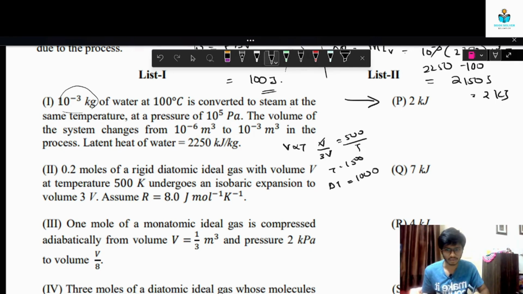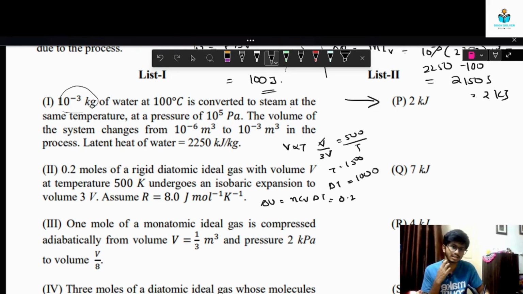And what is the delta U for this then? It is N Cv delta T, which is 0.2, and Cv for diatomic gas is 5 by 2 into 1000.